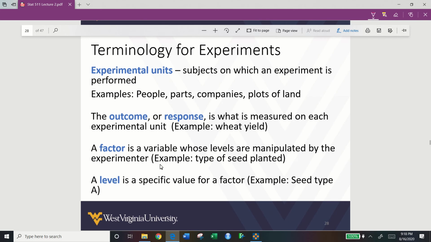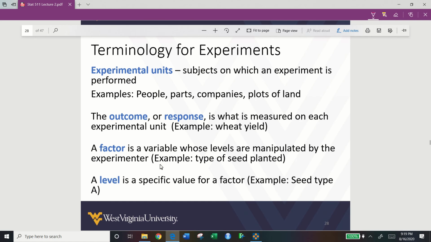Now that we've talked about an experiment, we need to learn the proper terminology of an experiment. One is experimental units, the subjects on which an experiment is performed, for example people, parts, companies, or plots of land. We have the outcome or response, which is what is being measured on each of our experimental units, in this case the wheat yield.